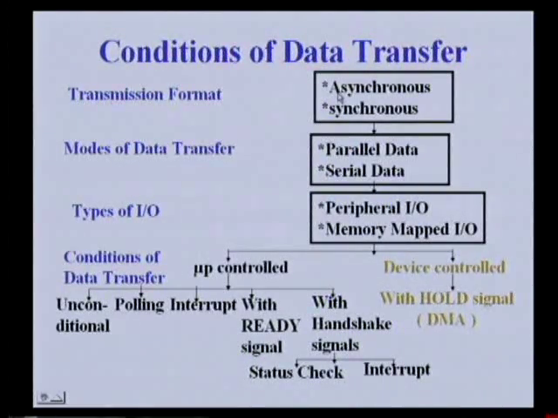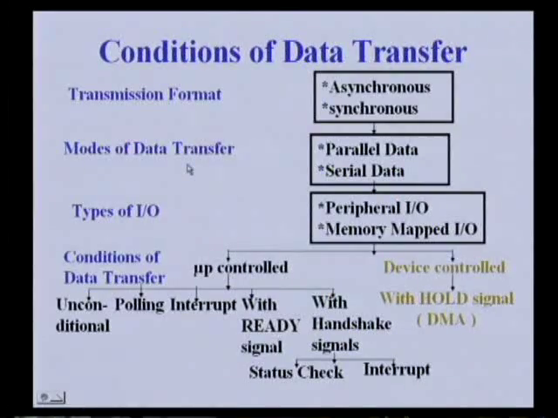And the next method is asynchronous method. In asynchronous method, it means at irregular intervals of time. Processor communicates with the peripherals at random times. That is, peripheral does not know when the transmitter is going to send data to it. In this method, processor has to tell the peripheral when it is starting and when it is stopping the actual data.